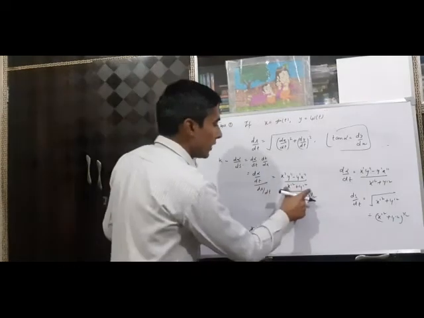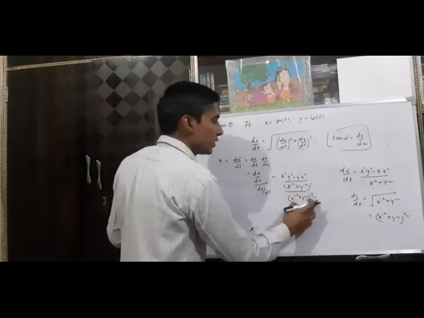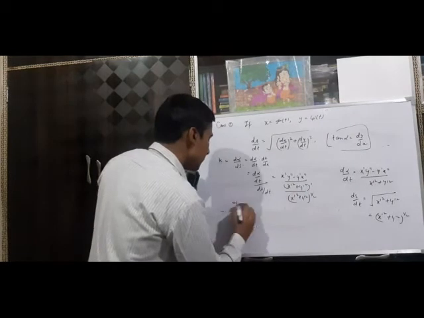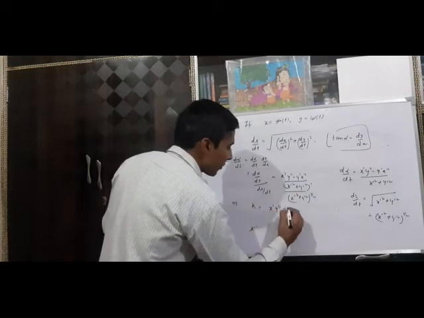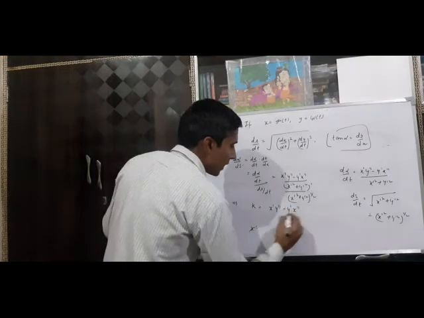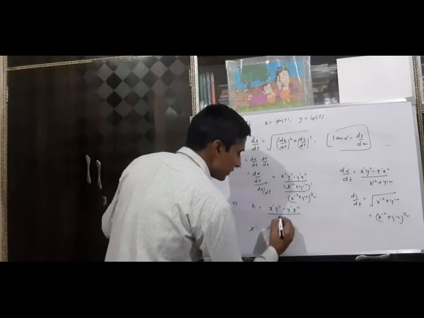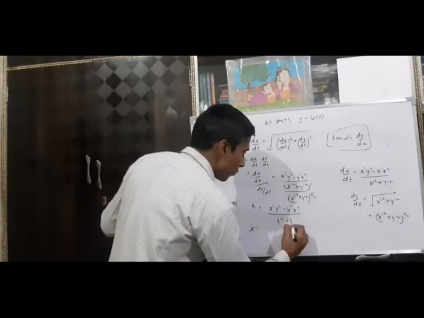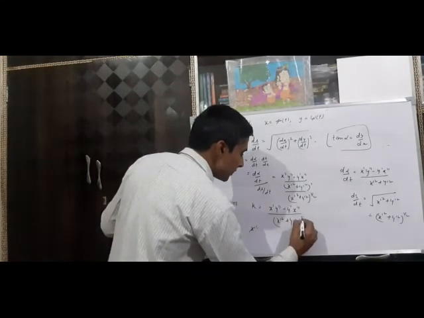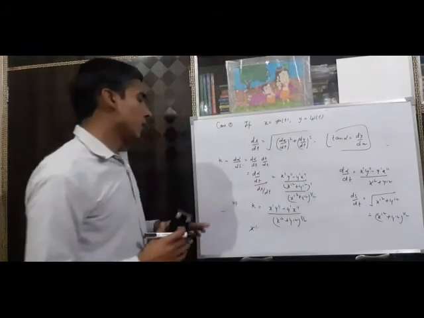So this is power 1 and this is 1 by 2, and we get the curvature as x prime y double prime minus y prime x double prime, divided by x prime square plus y prime square raised to power 3 by 2.